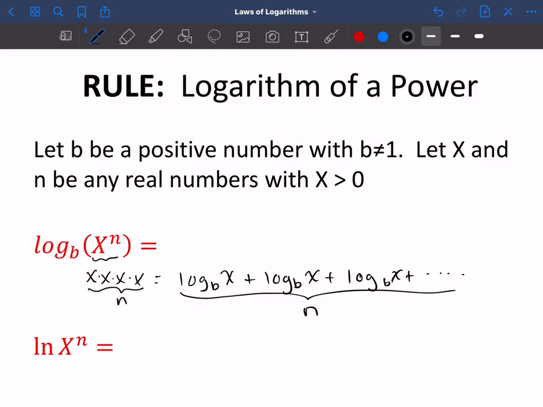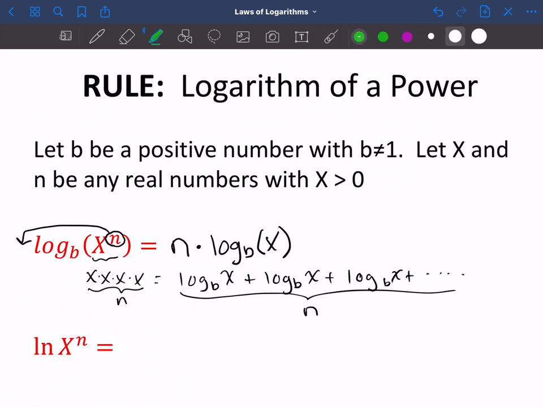So there's a shortcut to expanding this. Basically what you do is you take the power of your exponent, that number n, and we write that out front. And so it'll be n times the log base b of x. And this is our rule.